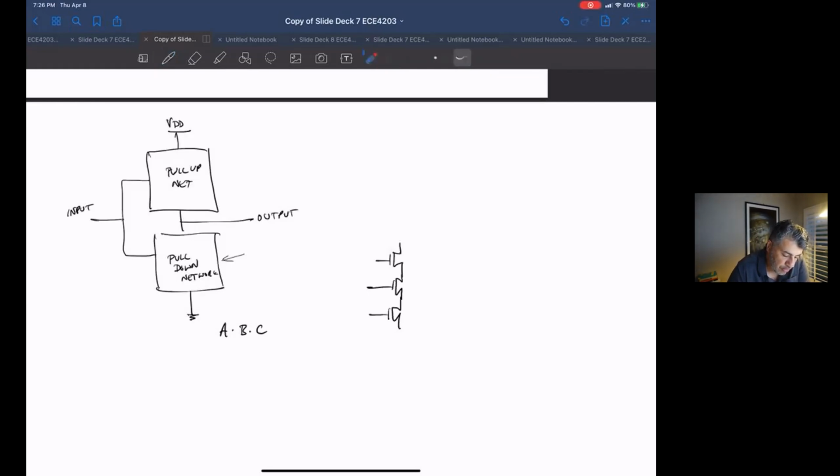Because for this to turn on, this whole path, this and this and this would all have to be on. And the reason it becomes a NAND is because we connected the source to the ground. So if this and this and this are all on, you get a 0 on the output. So that makes it a NAND.